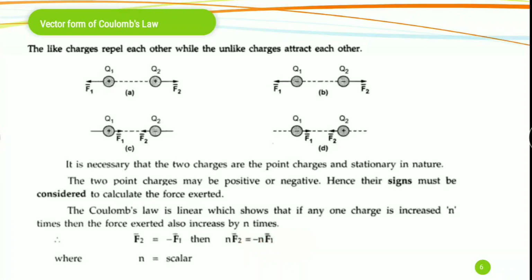That means this Coulomb's law is applicable for not only point charges. If there is more than one charge, then the force also increases. If the charges increase by n times, then the force also increases by n times. So in a simple manner, we can calculate the force between any number of charges.